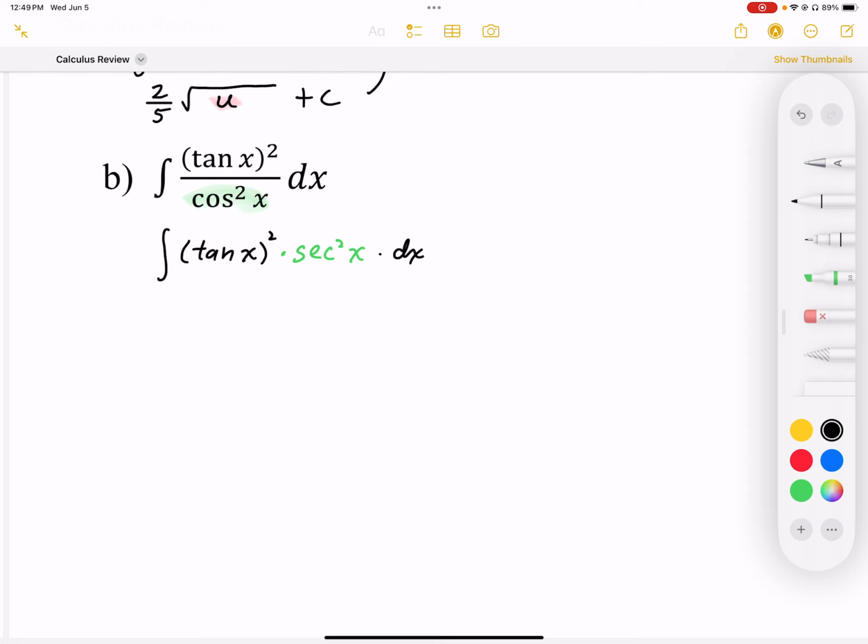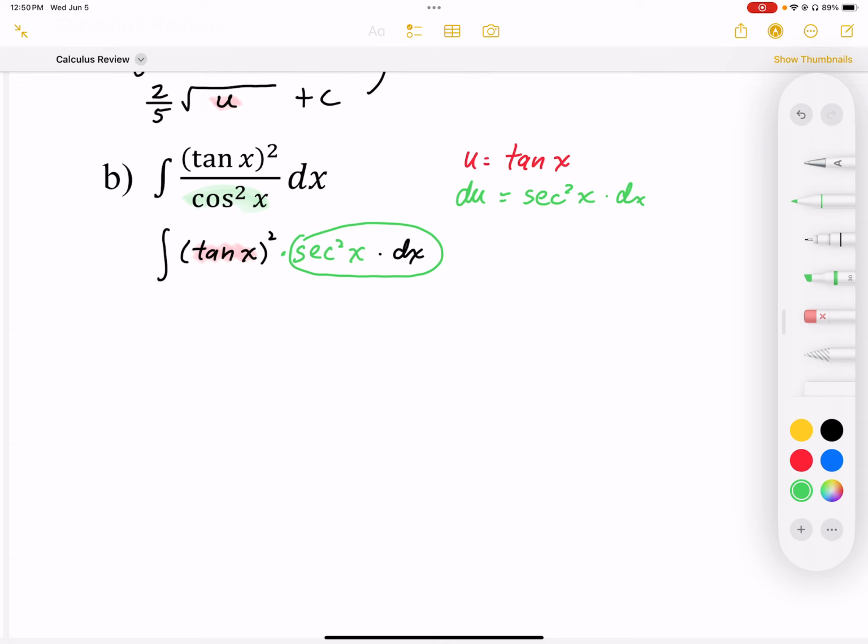Because if I let u equal the inside function tan x, so that on the inside of that power is a tan, the derivative of that inside function du is going to generate the secant squared x that I need. In fact, notice that there it is. There is my du showing up right in that function.